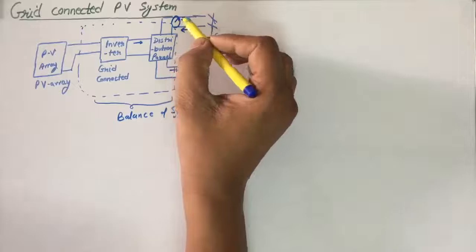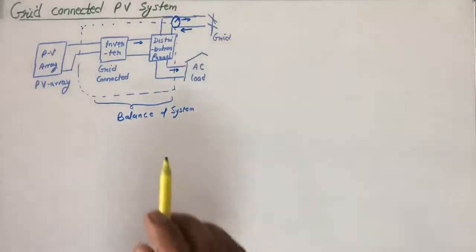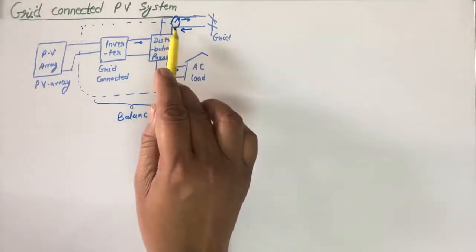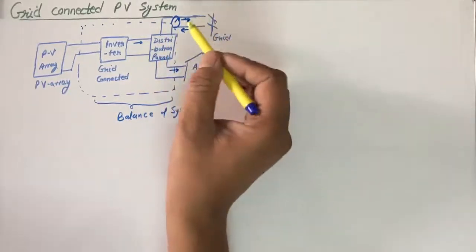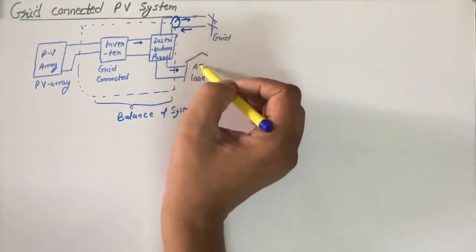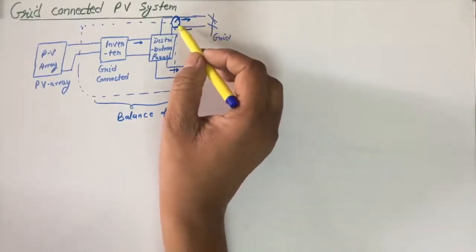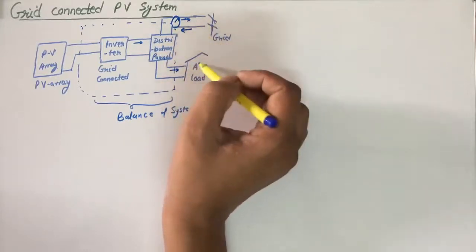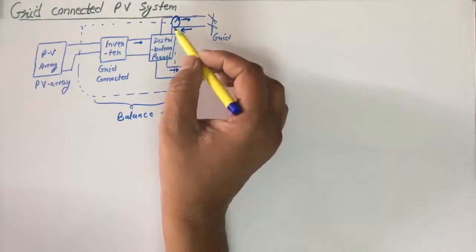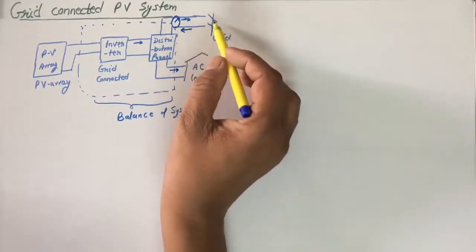This is net metering, and it is nothing but a two-way power measuring instrument. It measures not only the power consumed by the load, meaning the power distributed from the grid to the load, but also the power that is fed to the grid.